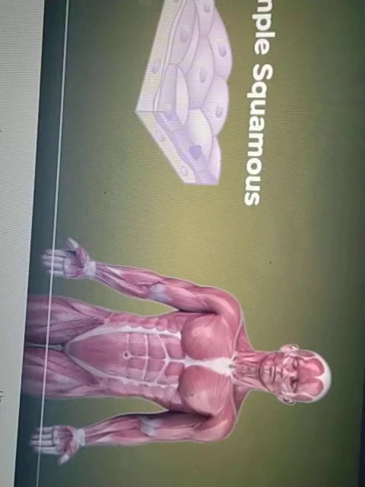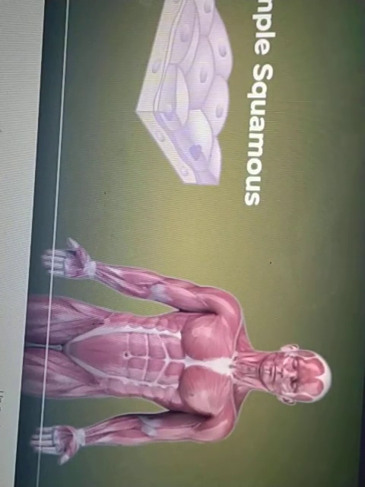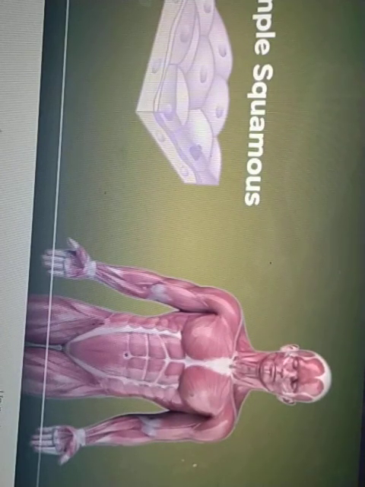Now let's discuss simple squamous epithelial tissue. Simple squamous epithelial tissue has thin and flat cells, as you can see, and it is located inside the surface of the cheek cells, blood vessels, and lungs alveoli.